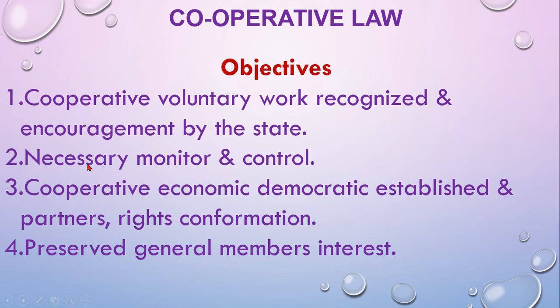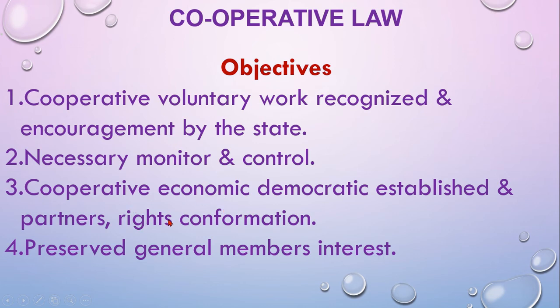Next one is necessary monitoring and control. If the cooperative is not monitored and controlled properly by the cooperative law, at that time it will be destroyed very easily, because people betray, people will not work properly, or some people steal the money, etc. Next one is cooperative economic democracy established and partners' rights and confirmation.